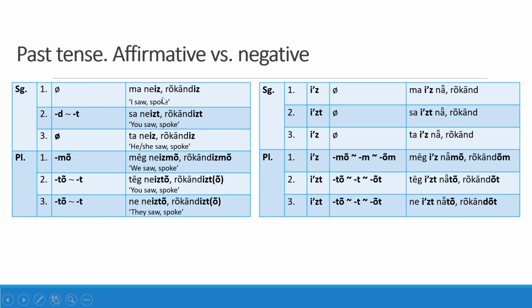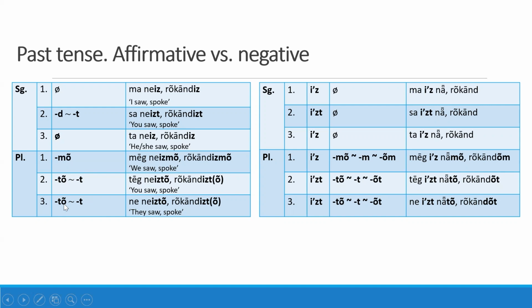So neis is just a past marker, and we will see these types later on. I just picked two verbs to illustrate. And here, ma rõkandis, ta rõkandis. And here the second person is different from the first and third person.